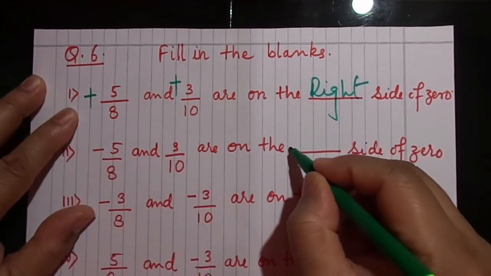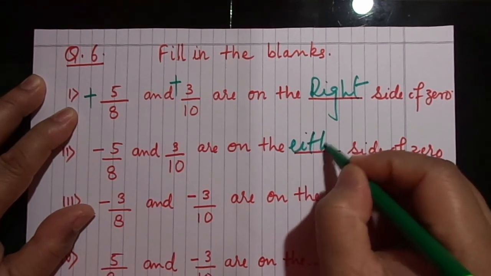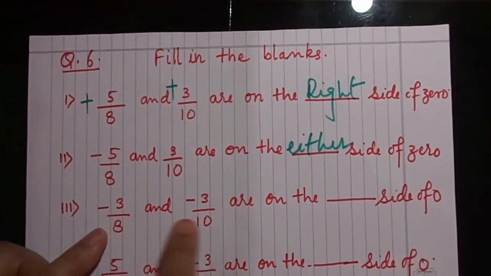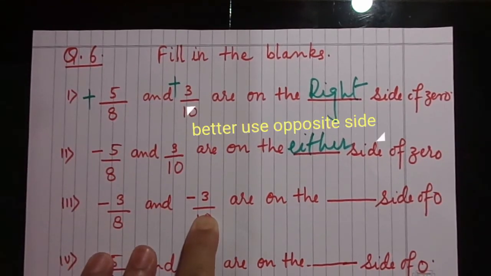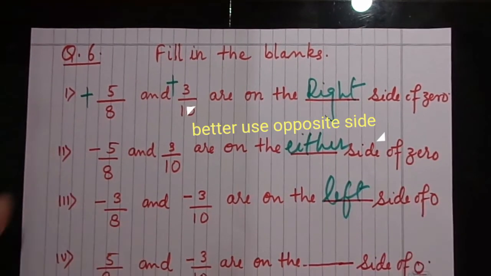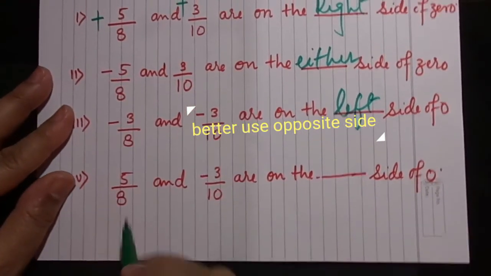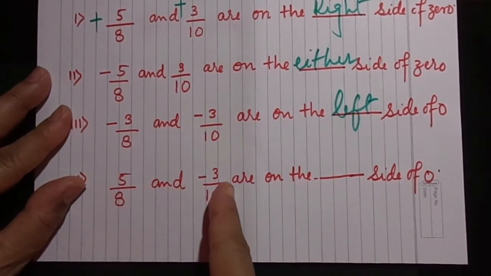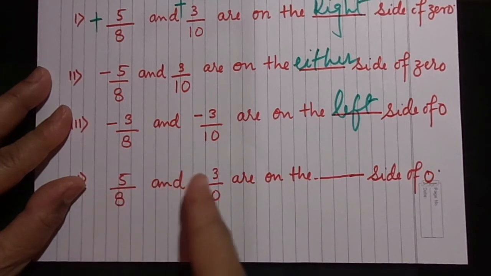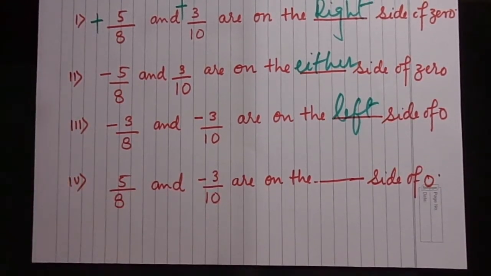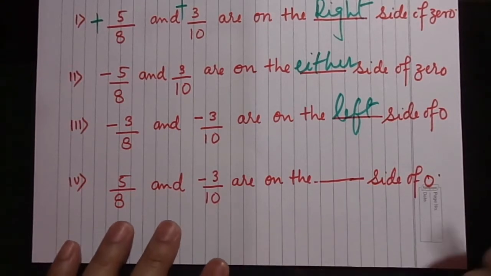Therefore we write either side of 0. Both of these rational numbers are negative, therefore both of them are on the left side of 0. And over here, 5 by 8 and minus 3 by 10, again both of them have opposite signs, therefore they will lie on either side.